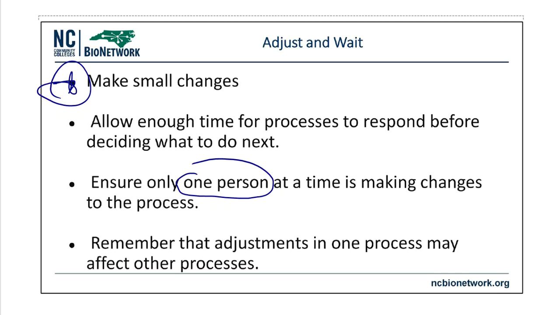So remember, adjustments in one process can affect other ones. What you are doing in this step can actually affect those later on down the road. Or what you're doing in this process can actually affect other things that you're trying to measure at that particular stage of the process. Okay?